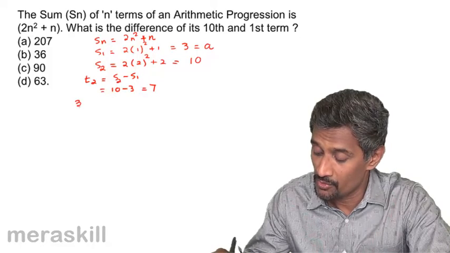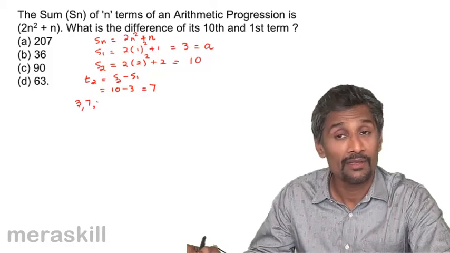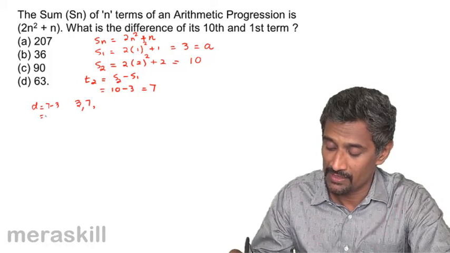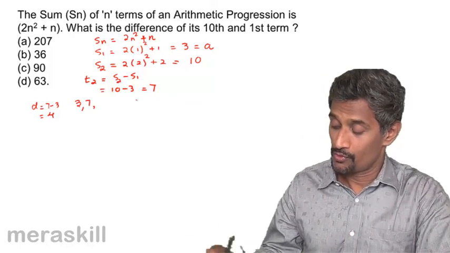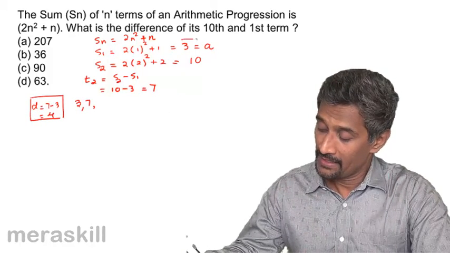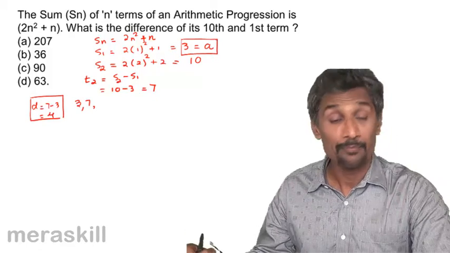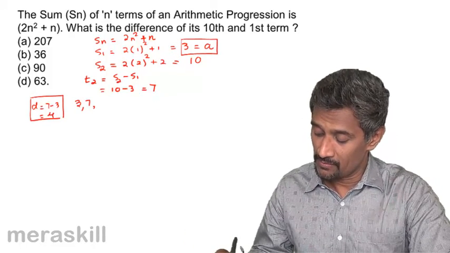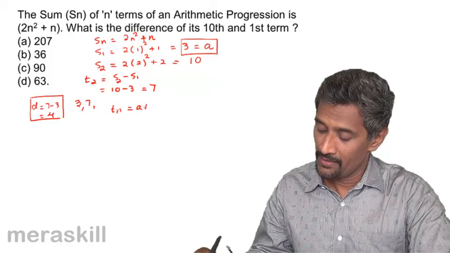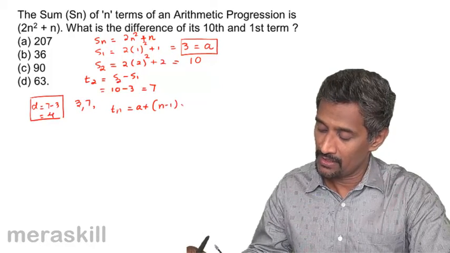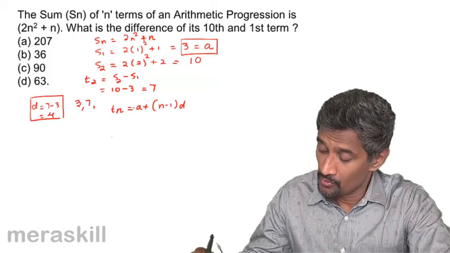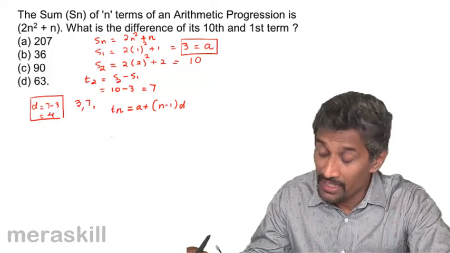And we know T2 is going to be S2 minus S1, which is 10 minus 3, which is 7. So the AP is going to be 3, 7. From this itself, we can find that d is nothing but 7 minus 3, 4. So hence we have d as 4 and a is 3. So the 10th term, T10, we know Tn is a plus n minus 1 into d.